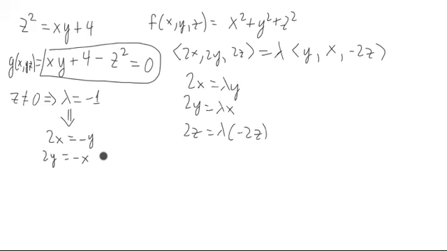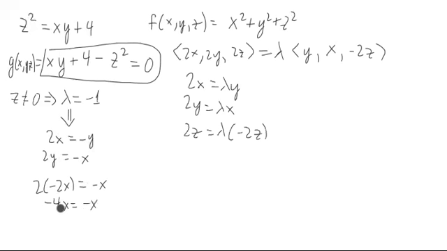Since y is equal to negative 2x, you could plug that in here. We get 2 times negative 2x is equal to negative x, so this ends up being negative 4x equals negative x.